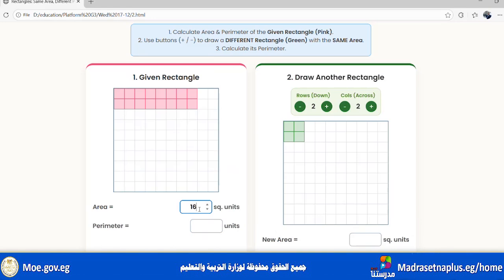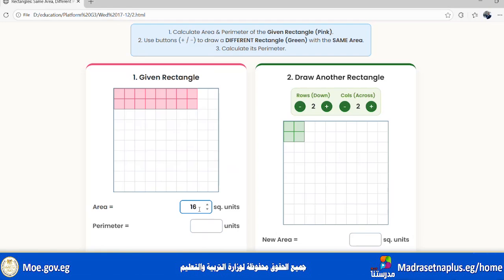I told you before, you can get area in many ways. For example, count the number of squares that the shape is formed of, or multiply rows by columns, or multiply length by width.